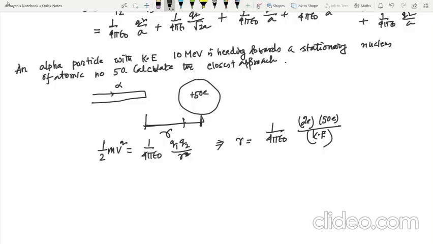M means 10 to the power 6. So if you do the calculation, it will come out like 14.4 into 10 to the minus 15 meter. This is meter. Okay, so that is the case.